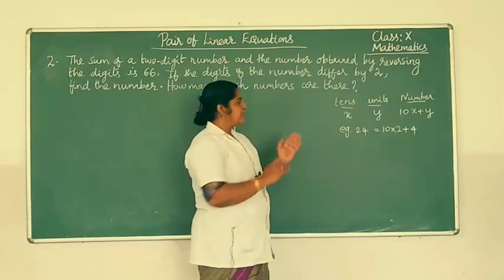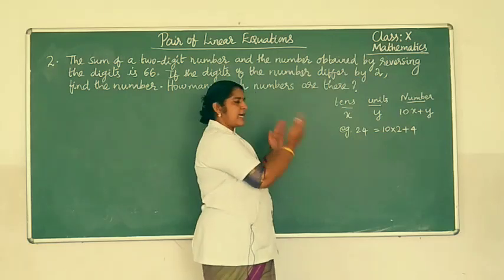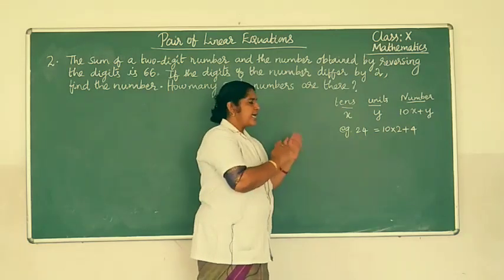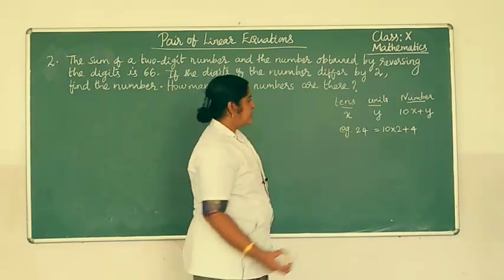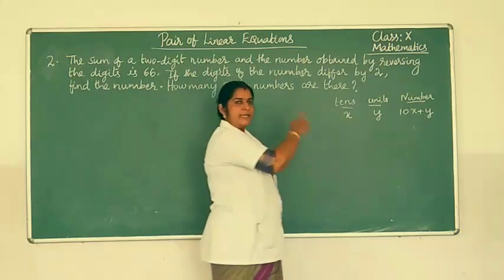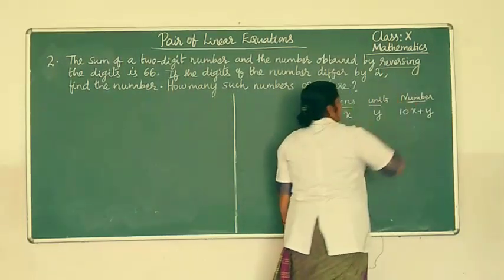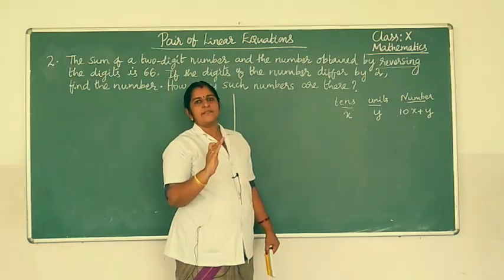Now what happens when you reverse these digits, that is, when y comes in the tens place and x goes in the ones place? That is what the word reversing in the question means. Reversing means we are changing the places of the digits.